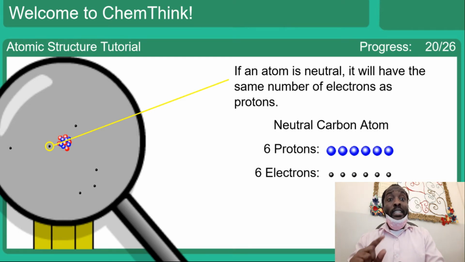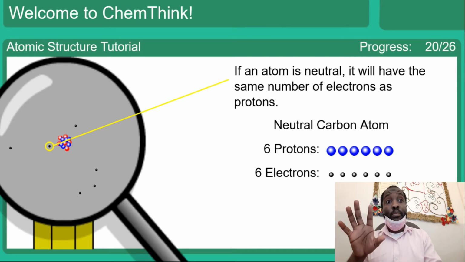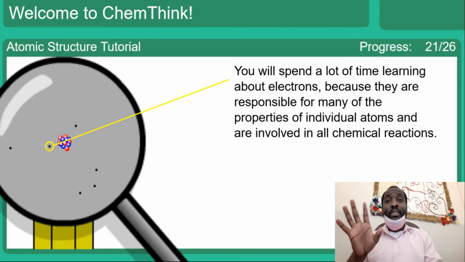Now, in a neutral atom, the number of protons equals the number of electrons. So in a neutral carbon atom, if we have 6 protons, we are also going to have 6 electrons. And that is that about these subatomic particles.